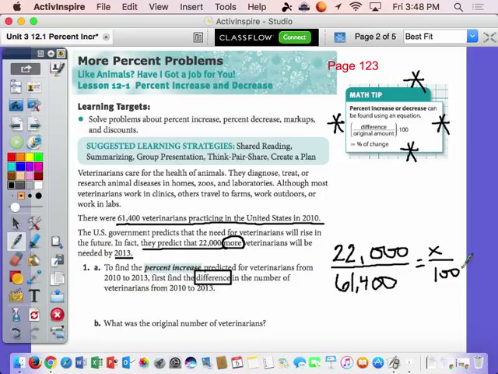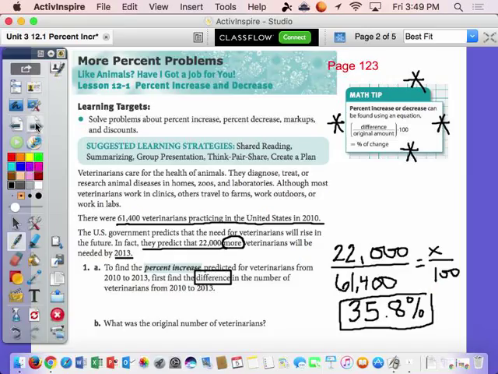If we solve that, what is our percent increase? 35%. 35 and 8/10% more veterinarians than we have right now.